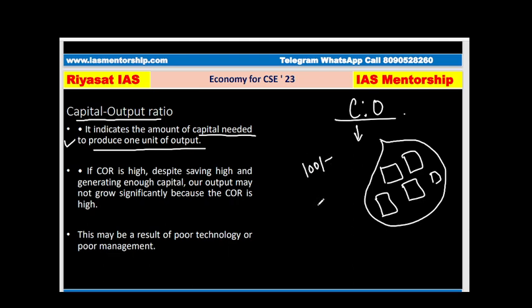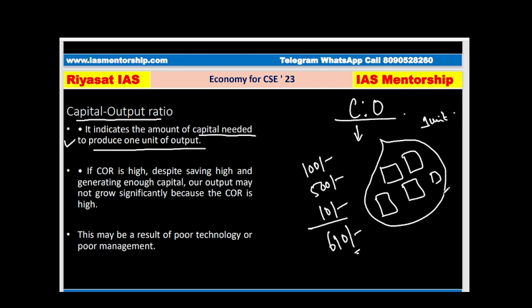Then I need to buy some goods which I will keep in these boxes worth 500 rupees. And then I need another 10 rupees for the packaging. So in total, 610 rupees I am putting in this whole process to deliver this product. This is just 1 unit of product.